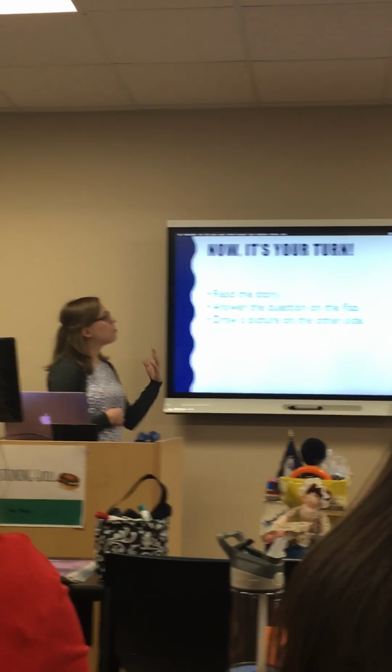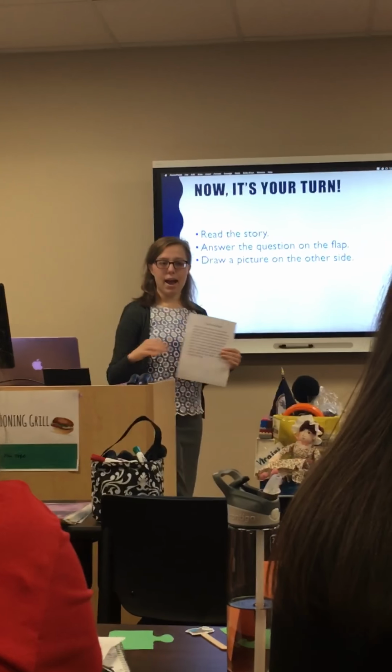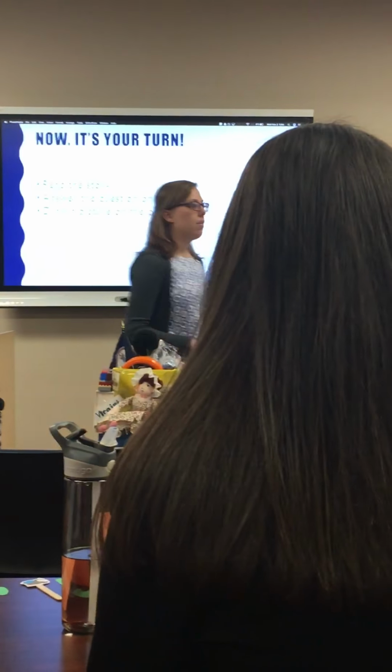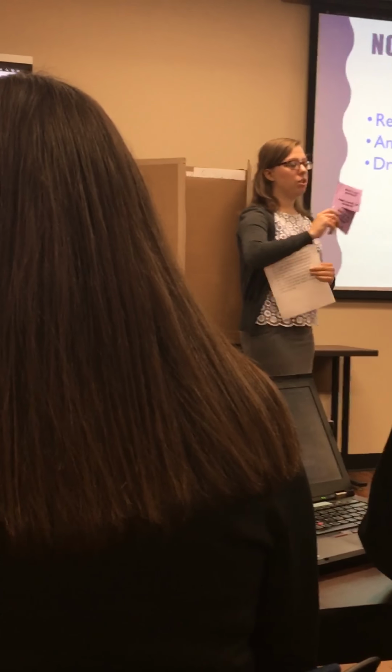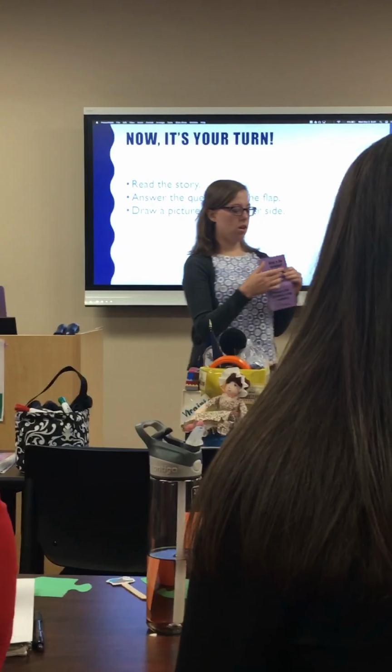Now you guys are going to do this by yourself. Now on your desk, you have your story called Tom and Brad. And you also have your flip book on your desk. So what you're gonna do is read the story, and answer the questions on the back of the flip book like this. See, I've got my question here, guys?